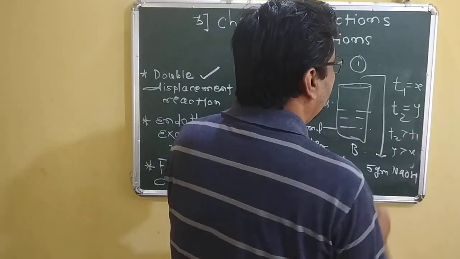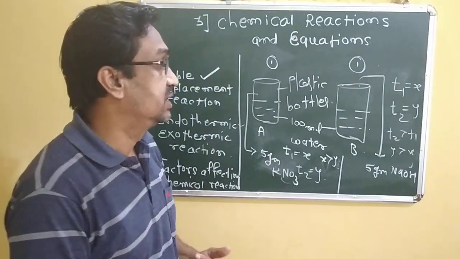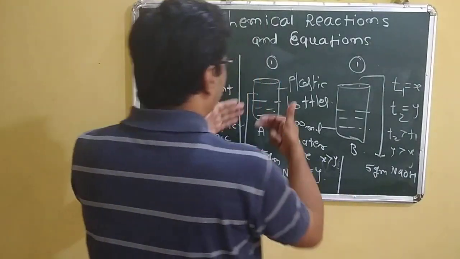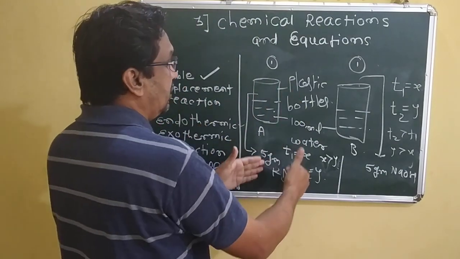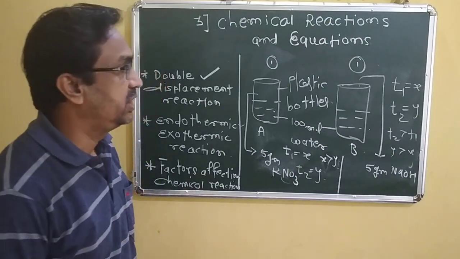In the second bottle, B, the temperature increases. In this way, here is an example of an endothermic reaction, and here is an example of an exothermic reaction taking place.